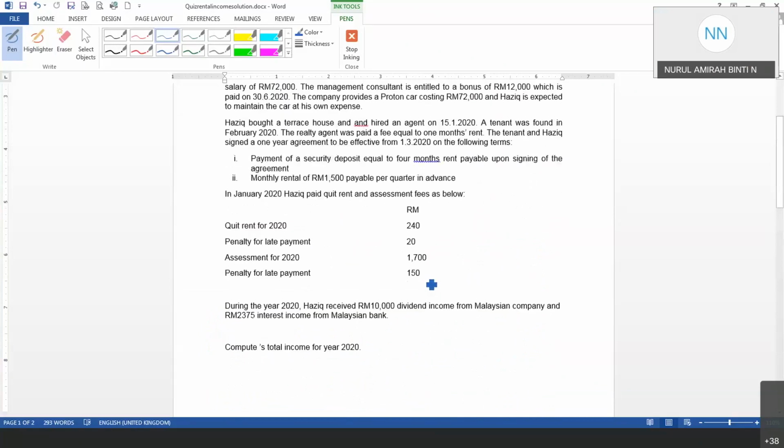If you refer to the notes, dia letak dekat situ legal fees dan advertising fees. But for agent ni nanti saya check balik. Biasanya untuk the first one ni pun kita tolak, but not for advertising. Cost of advertising tak boleh. Maksudnya legal fees, advertising fees, yang tu untuk first tenant tak boleh lah.